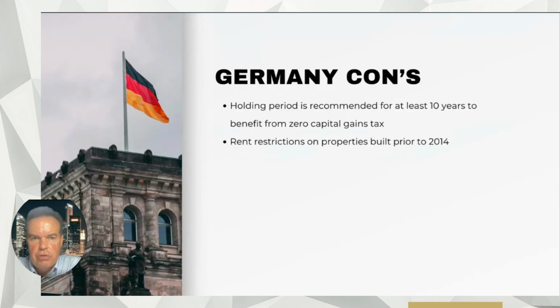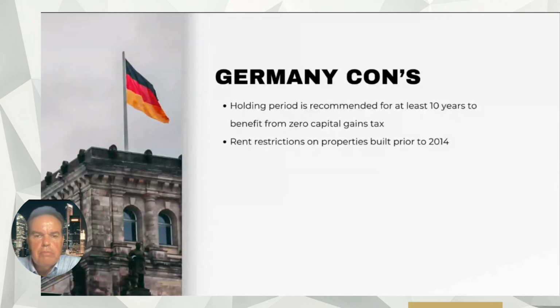Now, some people have heard of the rent restrictions on properties in Germany, and particularly in Berlin. It is true. Something like 90 odd percent of Berlin is rented property. Germany is very much a culture of renters, which is very different from the UK mindset, which is primarily looking to buy and own the property.